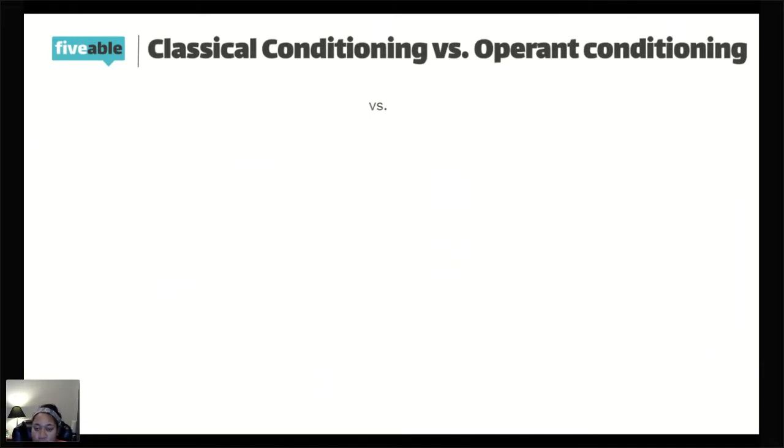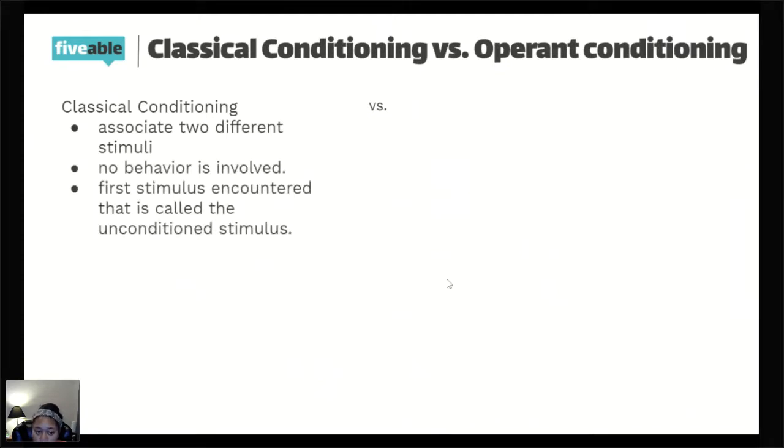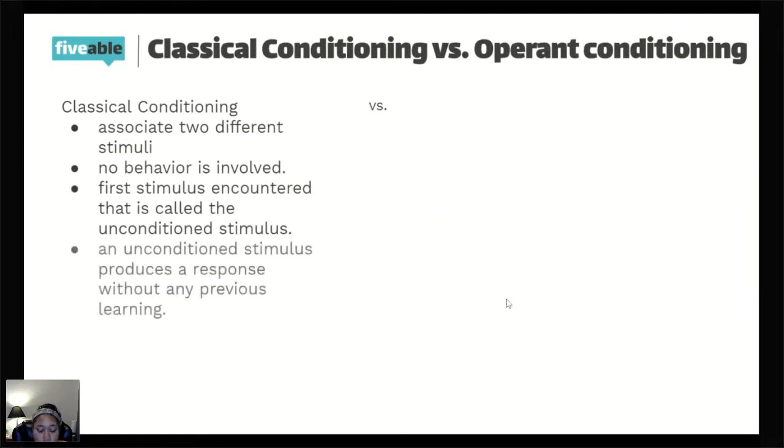That is absolutely correct. That is a very key difference between the two. So classical conditioning associates two different stimuli and no behavior is involved. The first stimulus encounter is called the unconditioned stimulus, and an unconditioned stimulus produces a response without any previous learning.